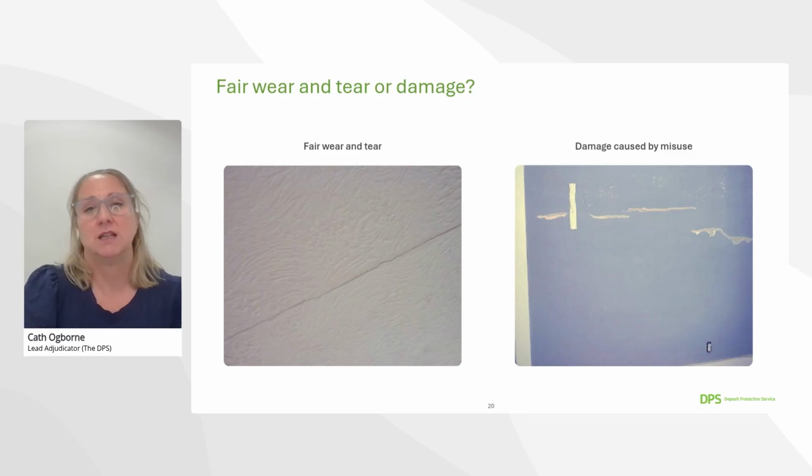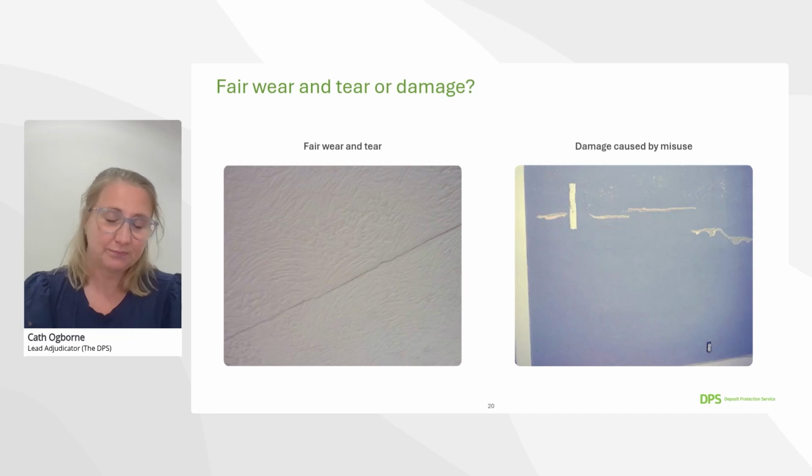So here we can see on the left-hand side of the screen, we've got what looks like a ceiling with a crack in it. It's like plaster settlement to me. That's probably happened gradually over time. It's not happened because of anything that the tenant's done. It's just where the building has settled, or the plaster settled a little bit.